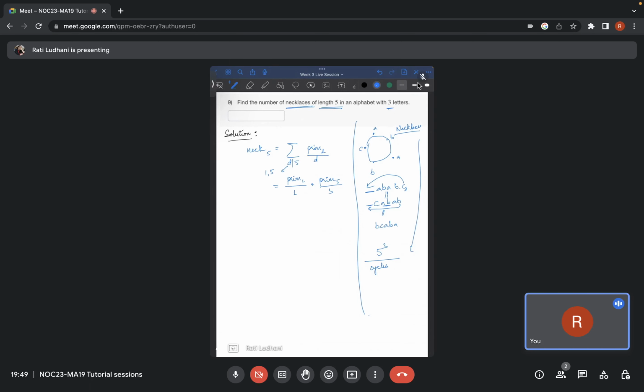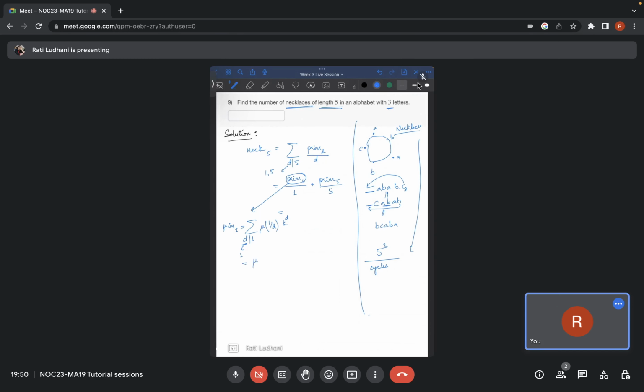Okay, so now what is this value? According to the formula, you know that this should be the sum over d dividing 1 of mu(n/d) times k raised to power d, divided by n. Here d is just 1 because that is the only possibility.